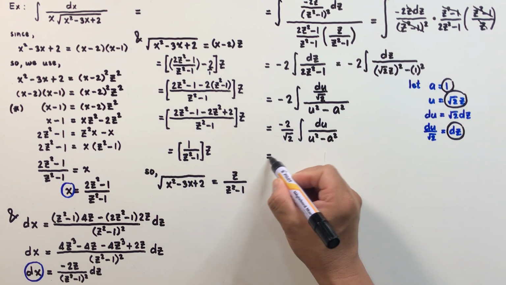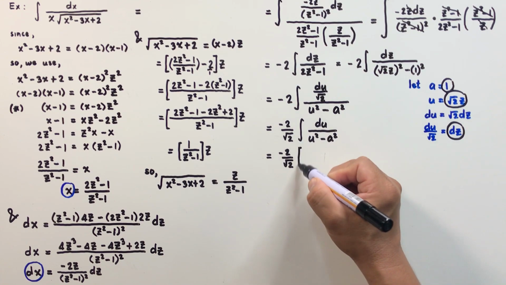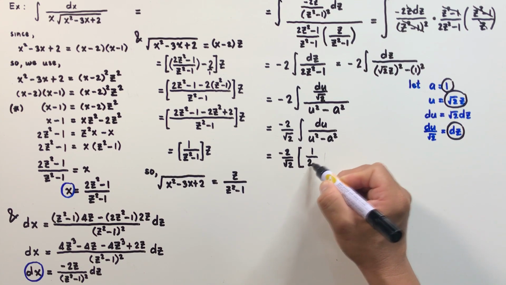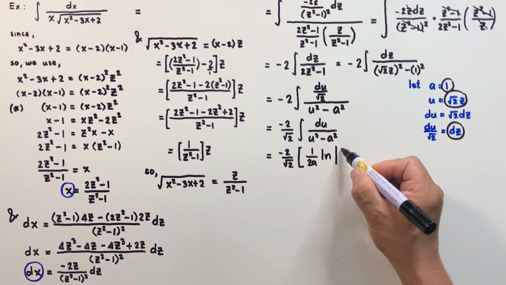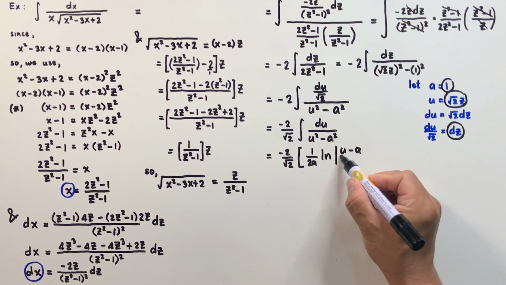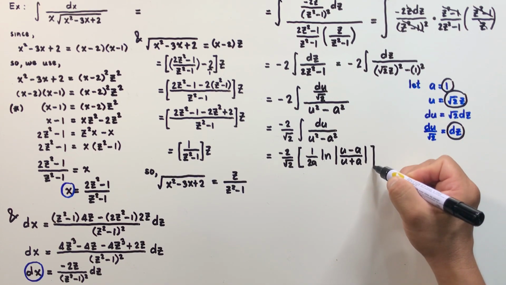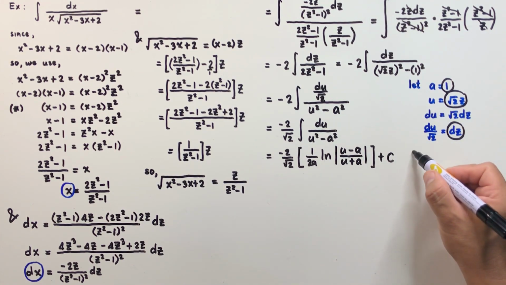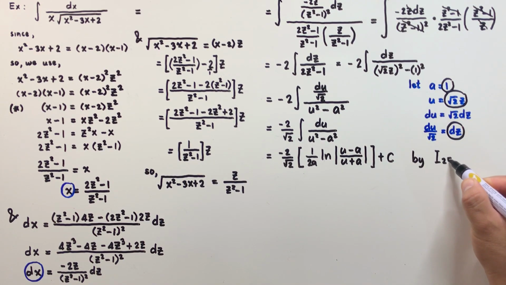And this is equal to negative 2 over the square root of 2 times the integral of this, which is 1 over 2a times the natural log of the absolute value of u minus a divided by u plus a, and this is added to the constant of integration c, because we know this formula as integration formula 25 in our previous video, in video lecture 5.